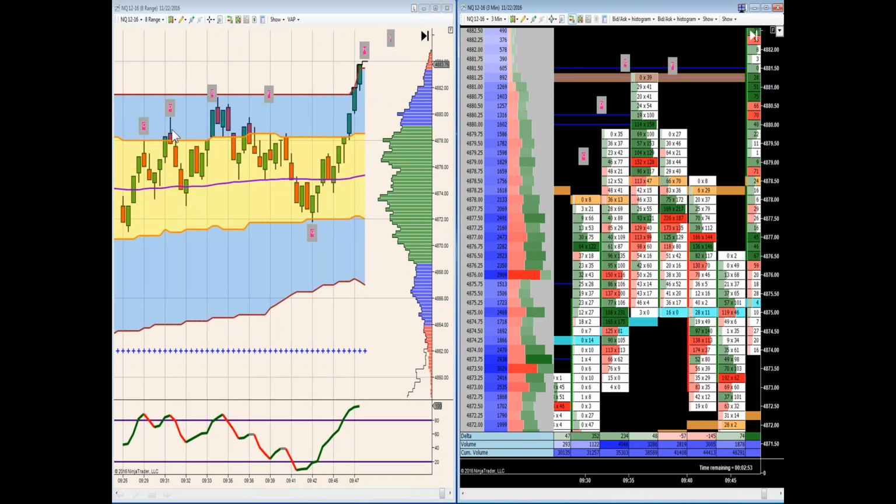Also, I'll point out right here from C to D, I got a higher high here than here, while on my stochastic I have a lower high here than here. So I already have a heads up that this is going to pull back, so I'm looking for this area to hold, and I want to see some sellers coming in. And I really don't get them on this bar, right?